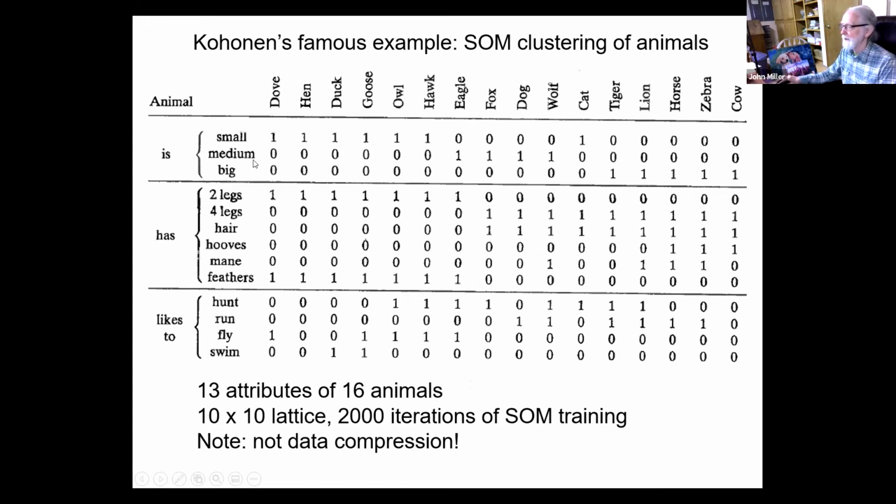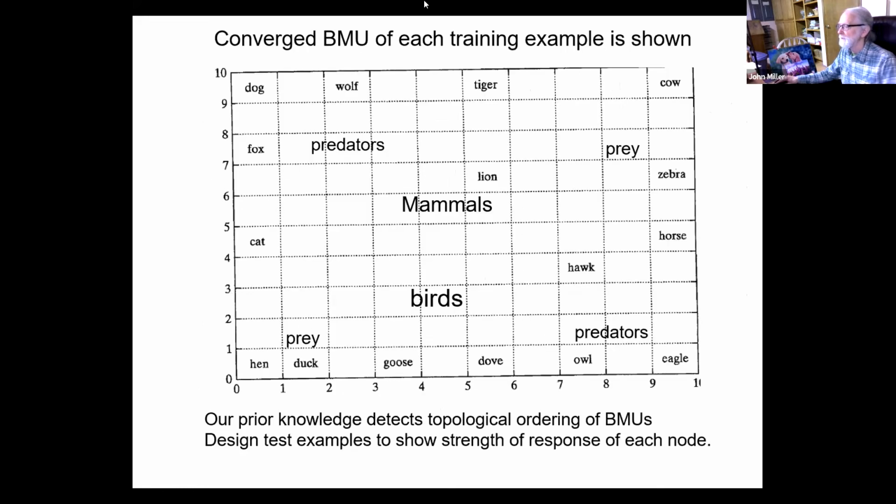Okay, so each of these animals, after we trained our prototypes, will be closest to one of the prototypes in this 10 by 10 array, and that we call the best matching unit. And we're going to go ahead and put the name of the animal in the array element that is its best matching unit. And so here we go: dogs, wolves, tigers, foxes, etc.